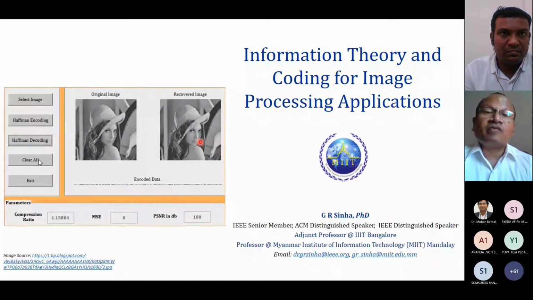But before we move ahead to the topic, I want to tell you that information theory and coding is a very useful area. I'm told that you have already covered the fundamentals of ITC, that is information theory and coding.